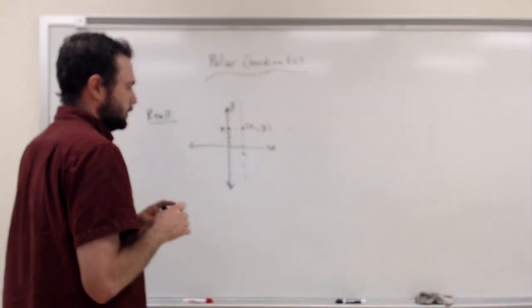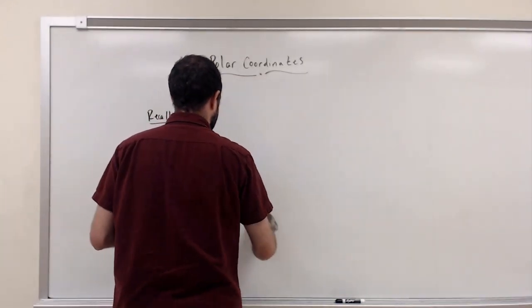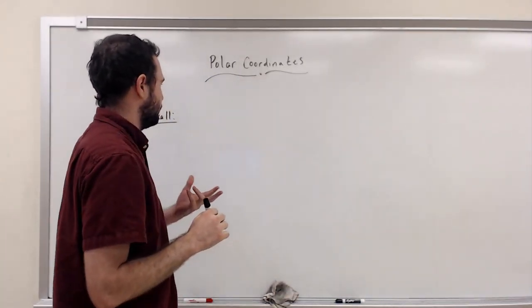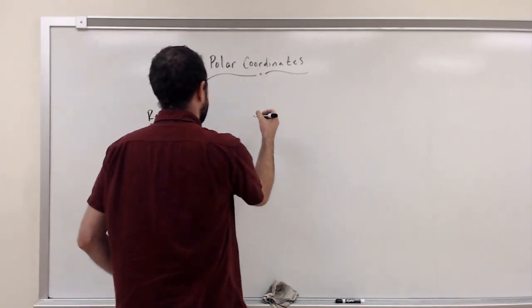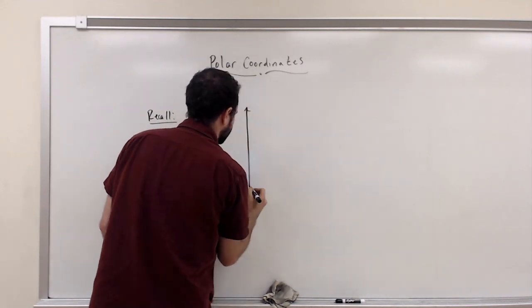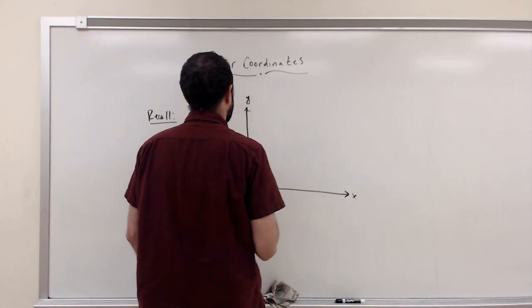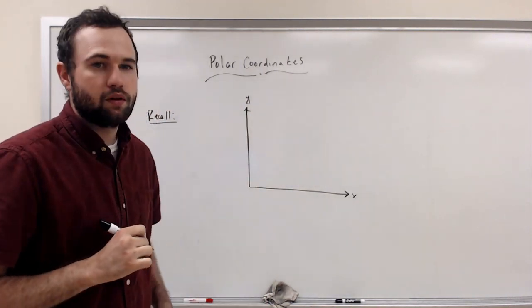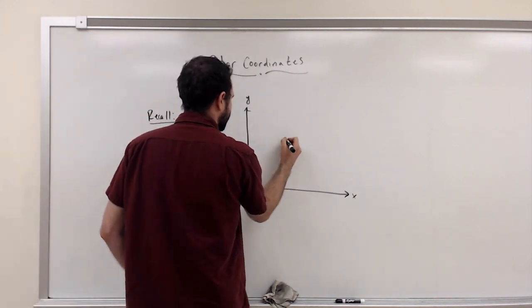Okay, so I'm going to erase this and give us a bigger picture to make it easier to see what's going on. We're going to restrict for now to the first quadrant just to make our lives a little easier. Again, it's just an introduction to polar coordinates. So here's the x-axis, here's the y-axis, and we're only looking at the first quadrant. I'm going to plot a point here.